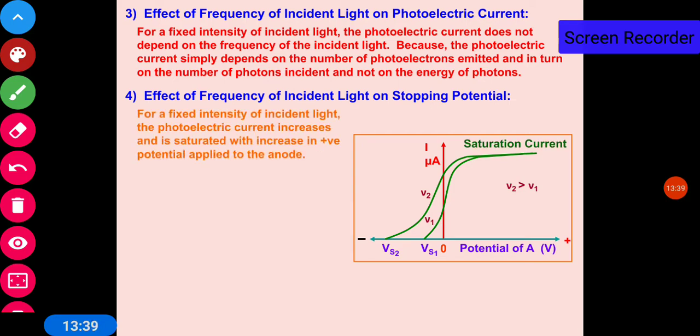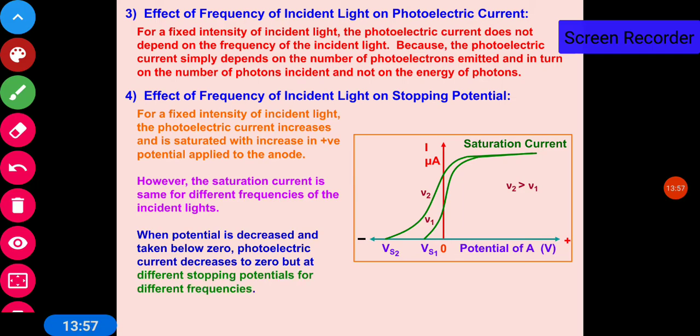For a fixed intensity of incident light, the photoelectric current increases to its saturated value with increase in positive potential applied to the anode. However, the saturation current is the same for different frequencies of the incident light. When potential is decreased and taken below zero, photoelectric current decreases to zero, but at different stopping potentials for different frequencies.